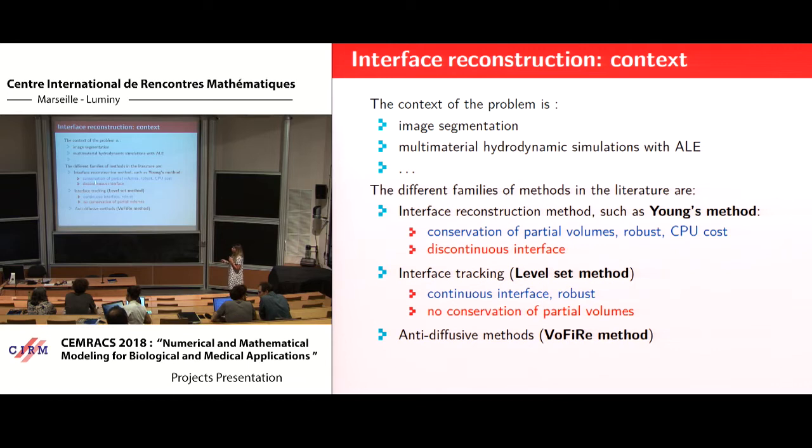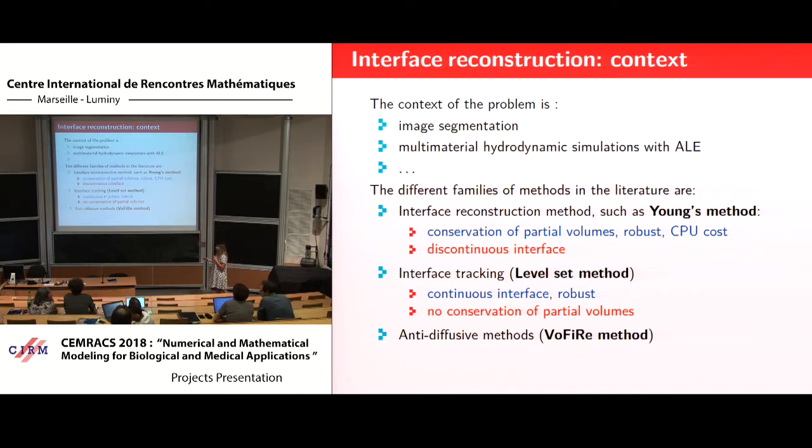So you see that we have some drawbacks in both categories, and also some advantages. Then there is another family of methods, the antidiffusive methods. This is quite different. The idea is that when you study this case, your material can diffuse a lot, so you want to prevent that in order to control the interface.